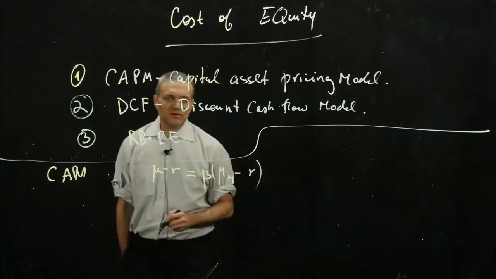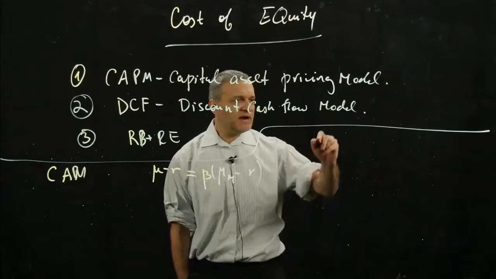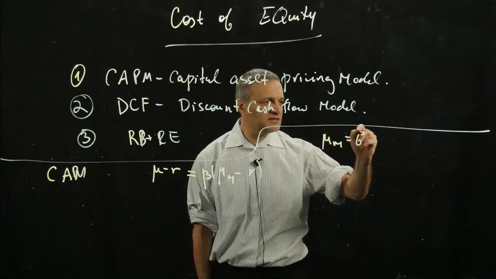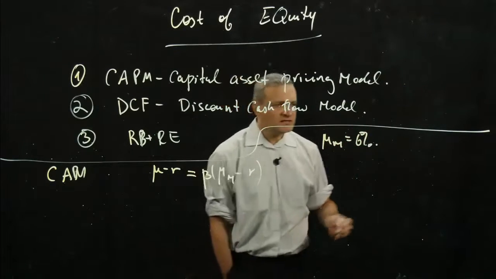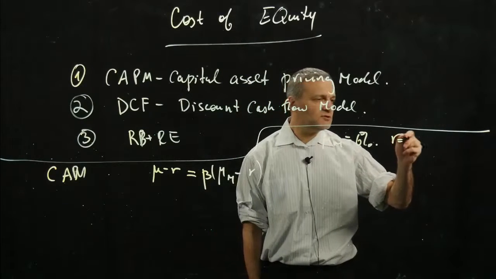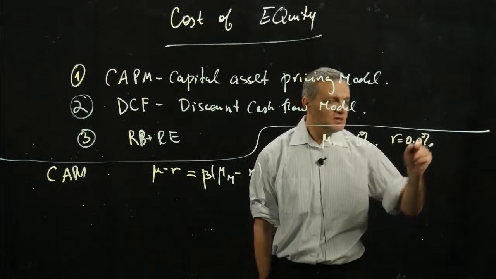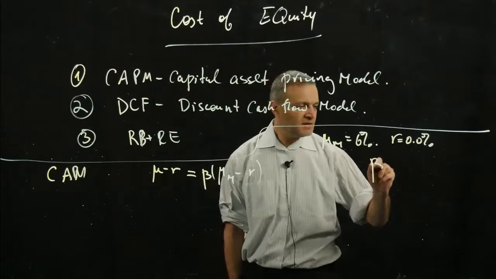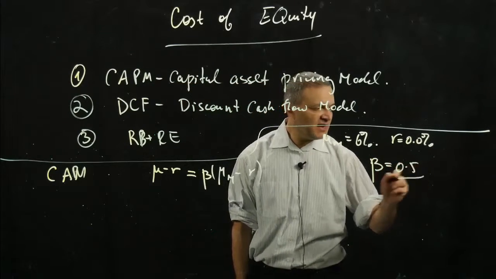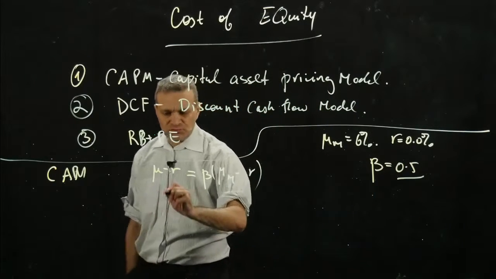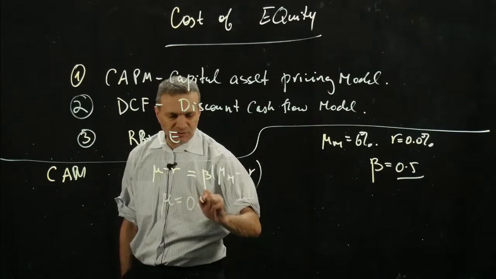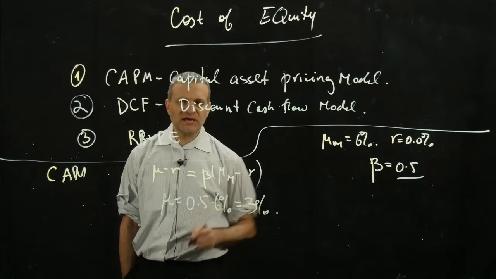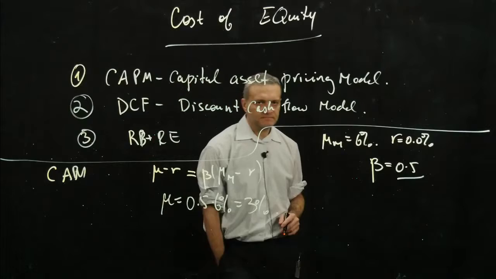For example, if your market rate is 6%, and the risk-free rate is almost zero, so let's say zero, and your beta is 0.5, then your cost, mu, is going to be 0.5 times 6%, which is 3%. It's pretty straightforward.